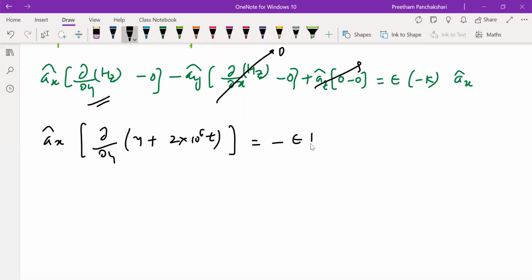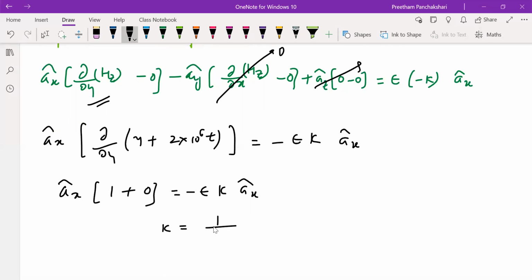So minus epsilon k a cap x. So differentiate this one now with respect to y. So this is ax. Differentiation of this one is 1. There is no y this side, 0. Minus epsilon k a cap x. A cap x cancelled. So 1 is equal to minus epsilon k. So k is equal to minus 1 by epsilon.